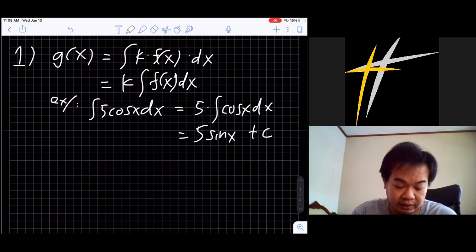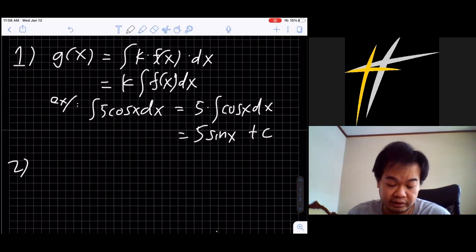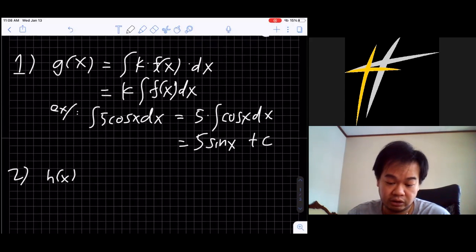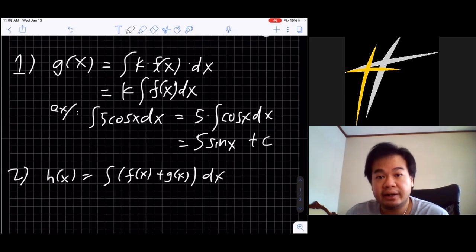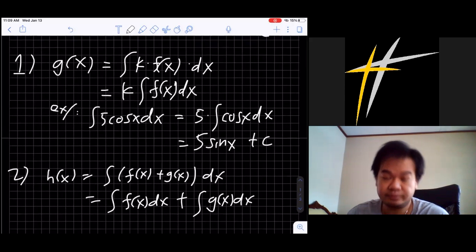And then the second one is the integral of a sum of several functions. For example, if h(x) is equal to the integral of f(x) plus g(x) dx, then you can separate it. It becomes the integral of f(x) dx plus the integral of g(x) dx.